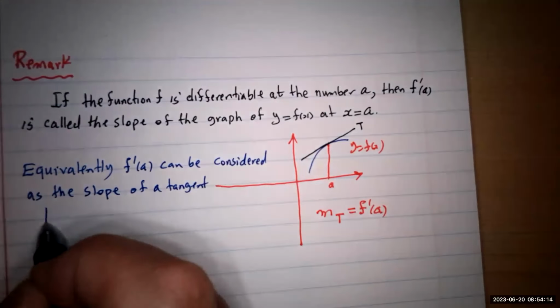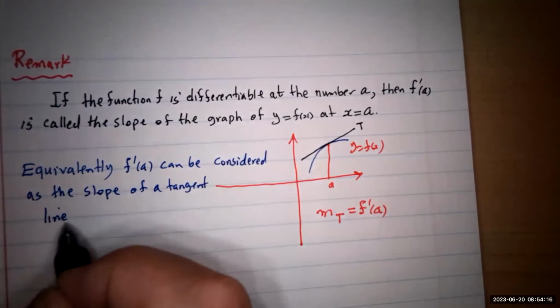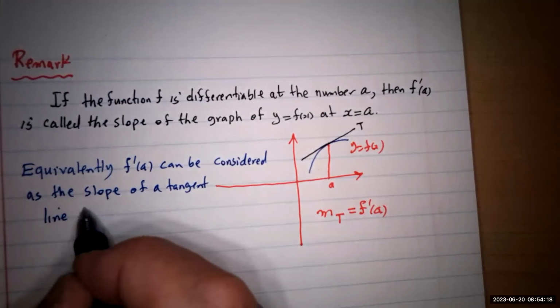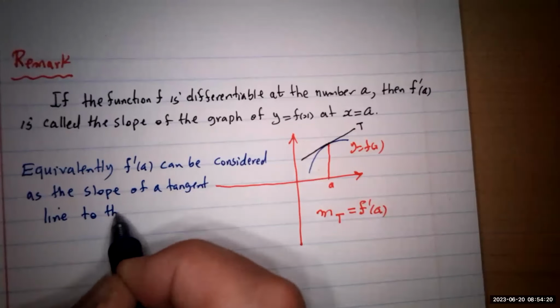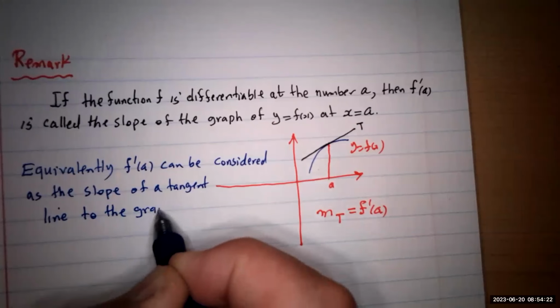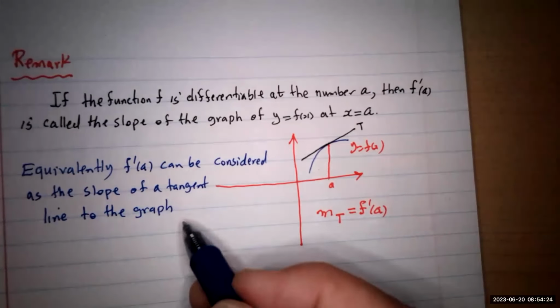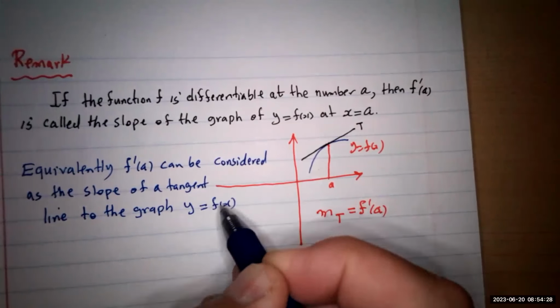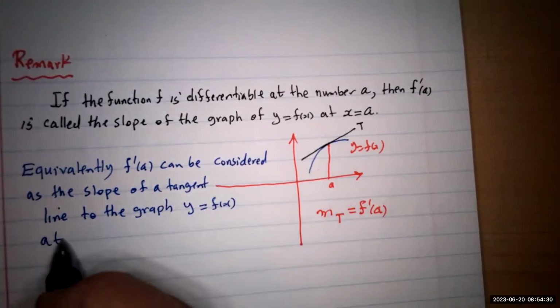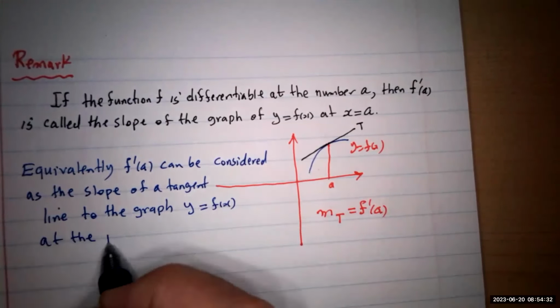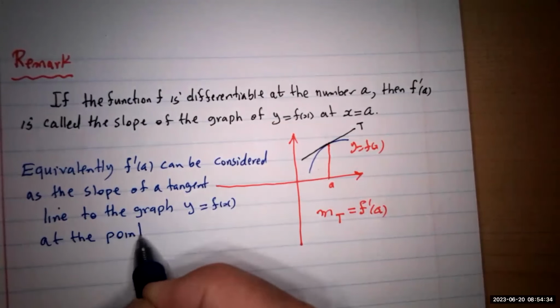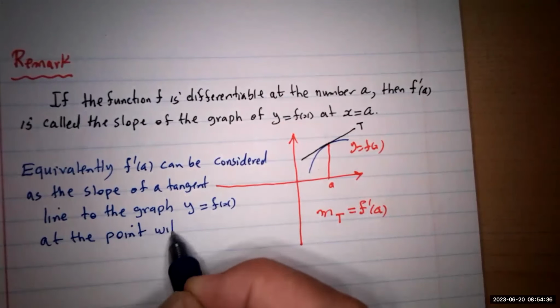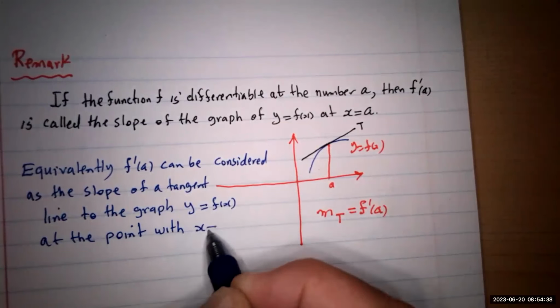Tangent line to the graph y equals f of x, with this equation, at the point with x equals a.